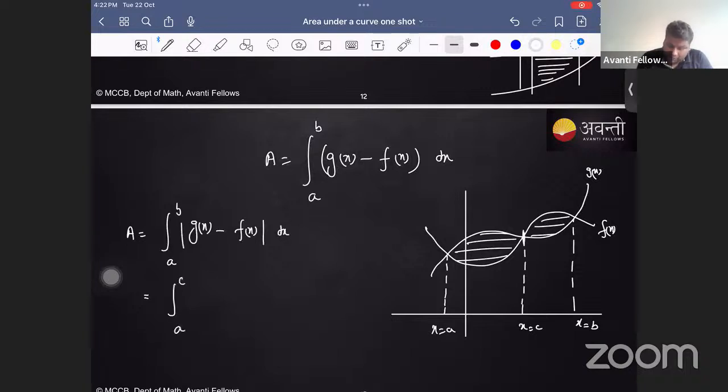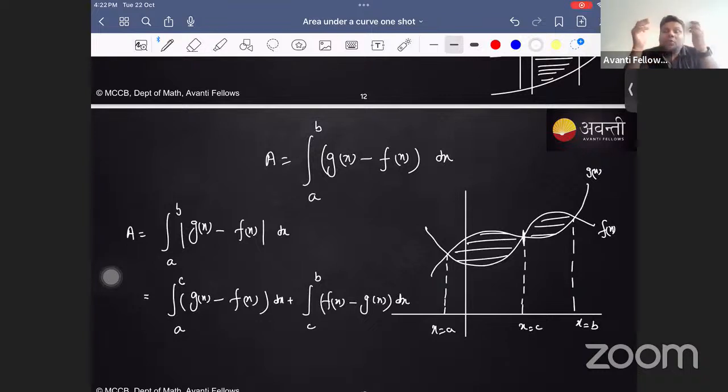So between A to C, above curve is gx, then it will be gx minus fx dx. And between C to B, above curve is fx, so it is fx minus gx dx. Am I clear? So you have to notice which curve is above, which curve is below.